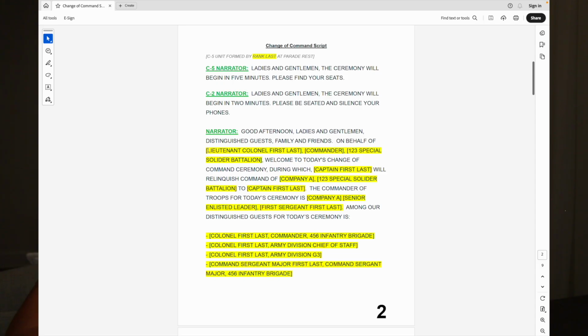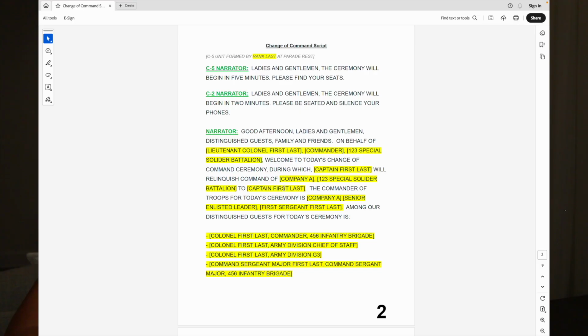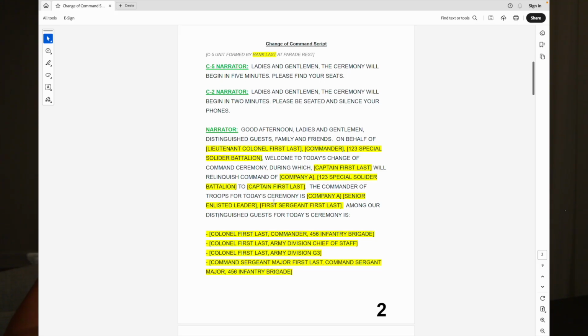If in the future, after the first use, you abbreviate the term, then you can put IBCT, and on the script, you will read it as IBCT. Same thing with every single rank. Spell it out, Lieutenant Colonel, Captain, Company A. If you're going to say Alpha Company, spell out Alpha. But the more appropriate would be to say Company A, and don't try to say it phonetically.